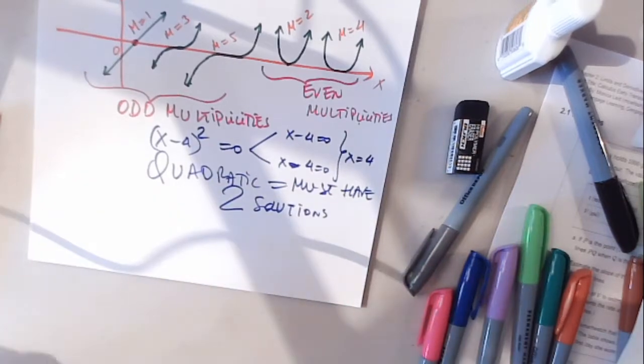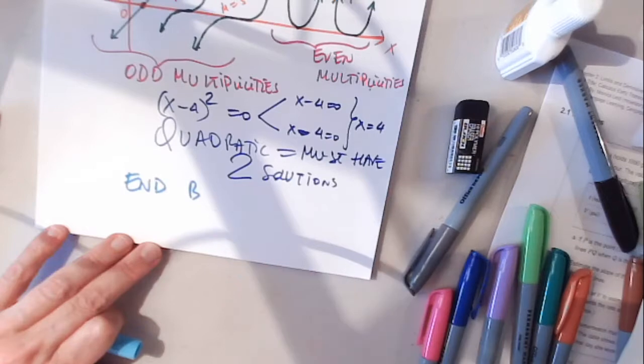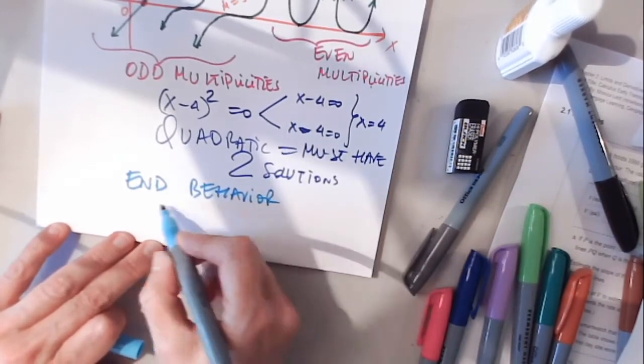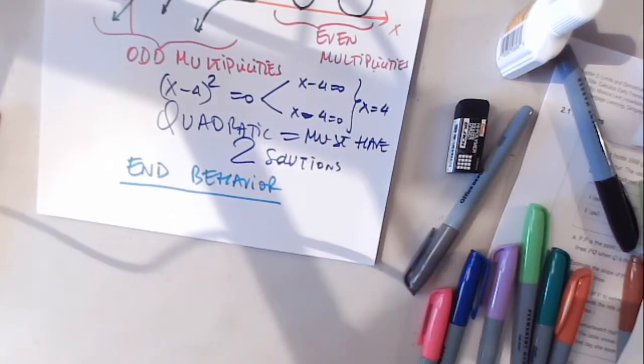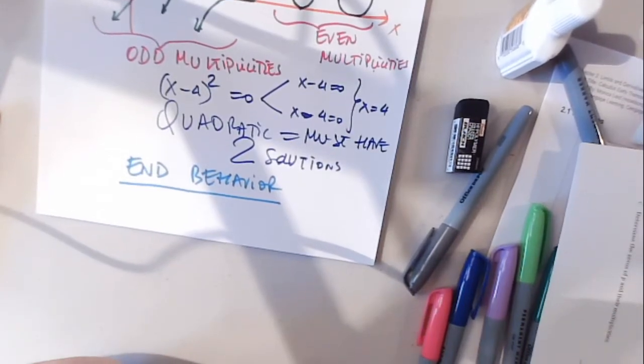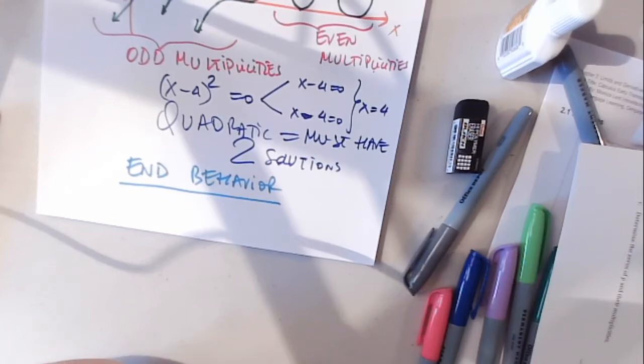And now when we talk about the end behavior, which is part B, we talk about where the function is going, or what the trend is when the x values approach positive or negative infinity.